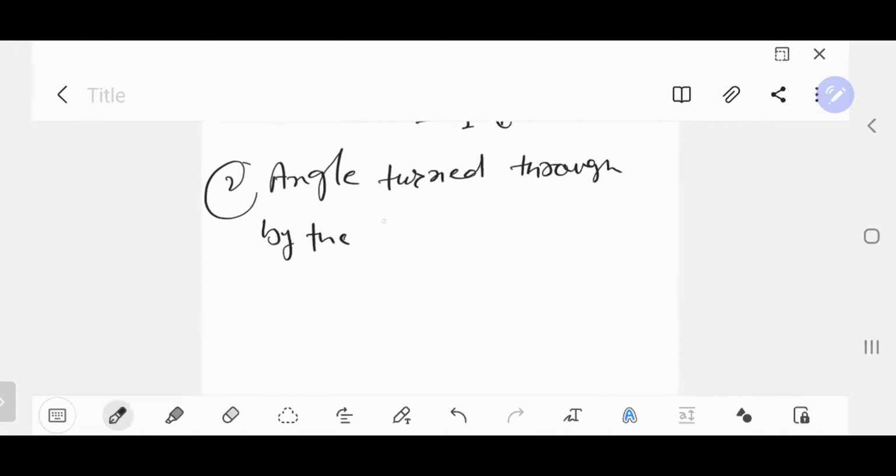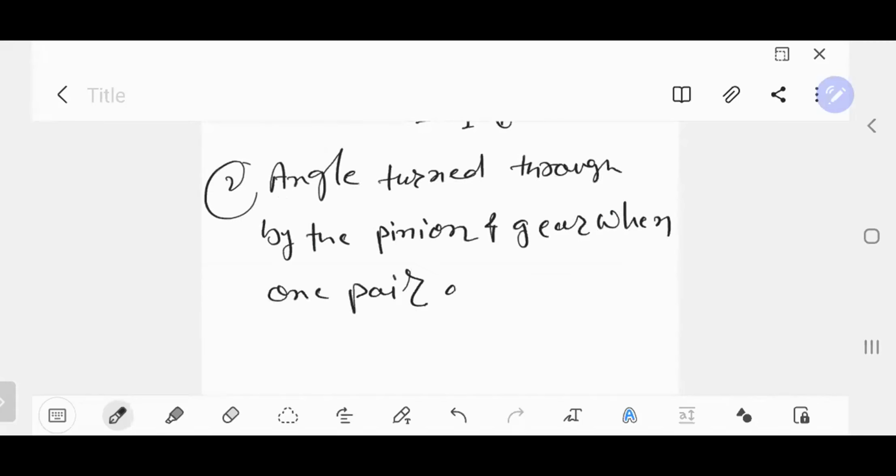But the second thing that you need to find is the angle turned through by the pinion and gear when one pair of teeth is in contact.